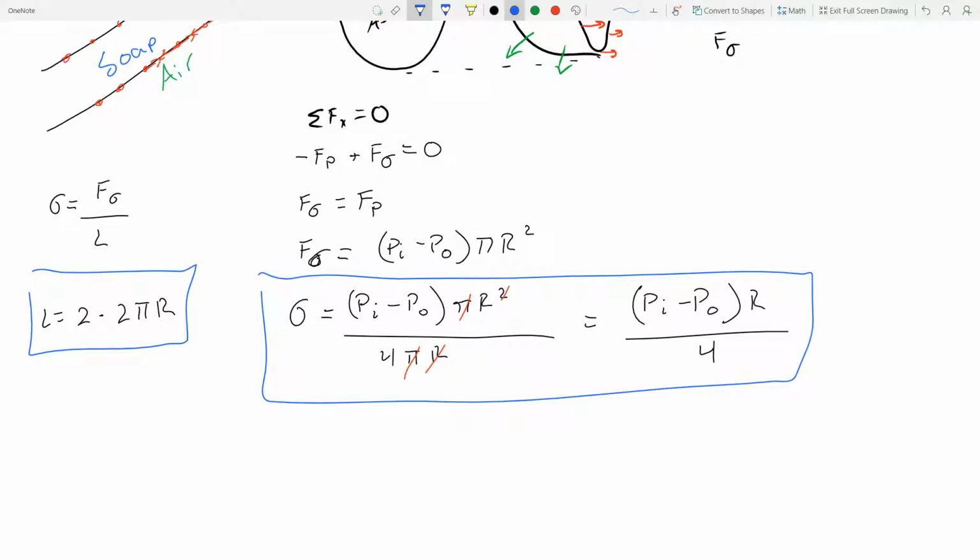It means if somebody gives us a bubble, measures the pressure inside and the pressure outside, and then gives us the size of the bubble, r, we can actually compute the surface tension. At the same time, we can solve for this Pi minus Po term, to give us 4 sigma over r. This is also a useful result because it means if somebody gives us a value of sigma, a surface tension constant, and a size of a bubble, we can then compute the pressure difference inside and outside of the bubble.